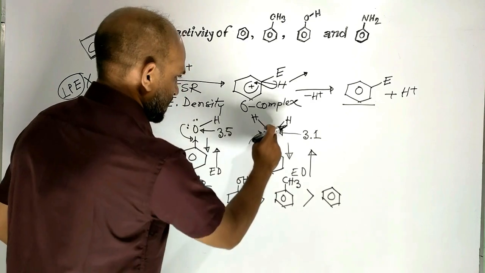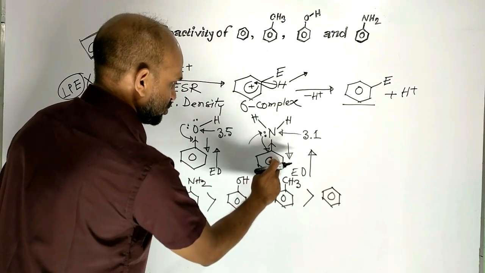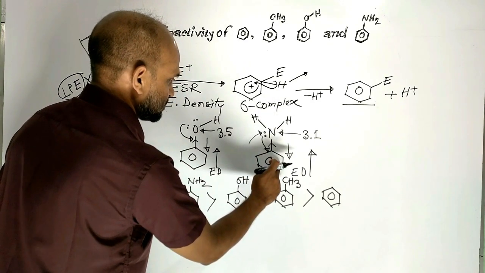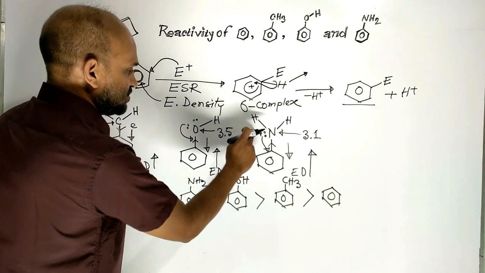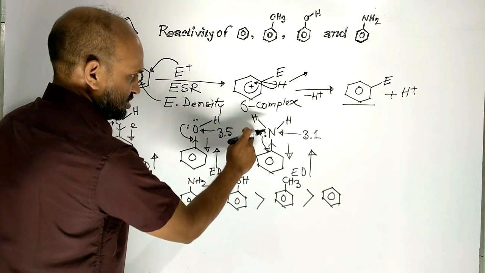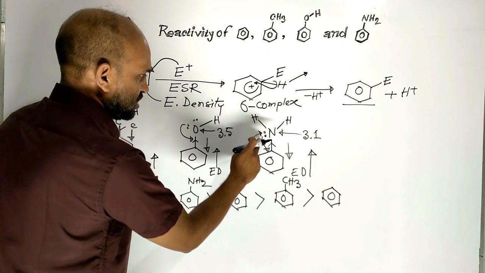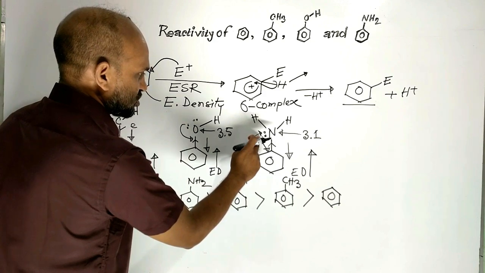Here, amino group increases electron density in the benzene ring by positive mesomeric effect. Mesomeric effect is related to lone pair of electrons.